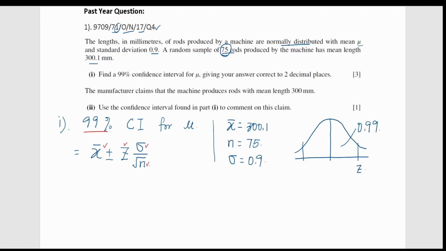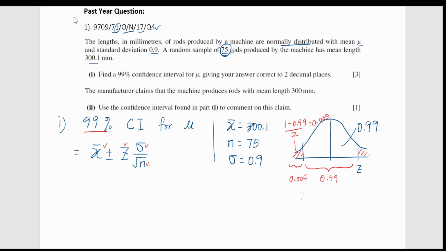That is why we are going to find out the smaller region here. So taking 1 minus 0.99, divided by 2, right? Because another half is here. So it's going to be 0.005. You can see this area is 0.99, and then a smaller region here, 0.005.